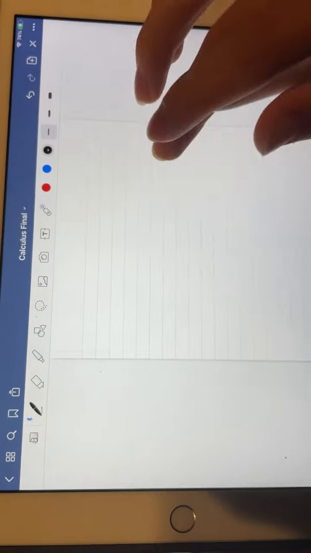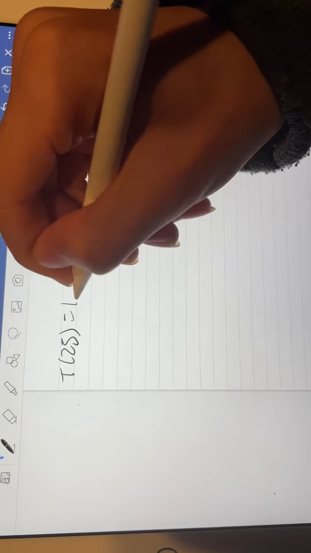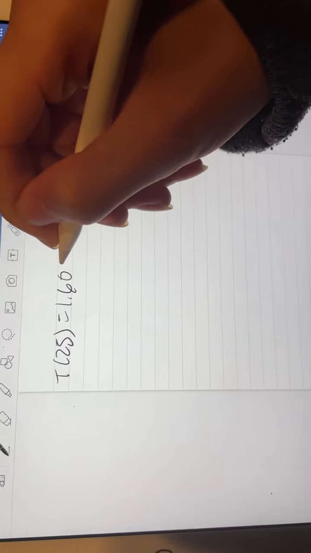So you get the height. From 20, we had that. So if we continued, T25. You get all the ones from 5 to 40. So then we have 25, which will be equal to 1.608.